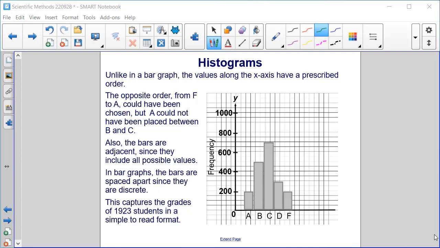Also, the bars are adjacent since they include all possible values. In bar graphs, the bars are spaced apart since they are discrete. This captures the grades of 1,923 students in a simple-to-read format.